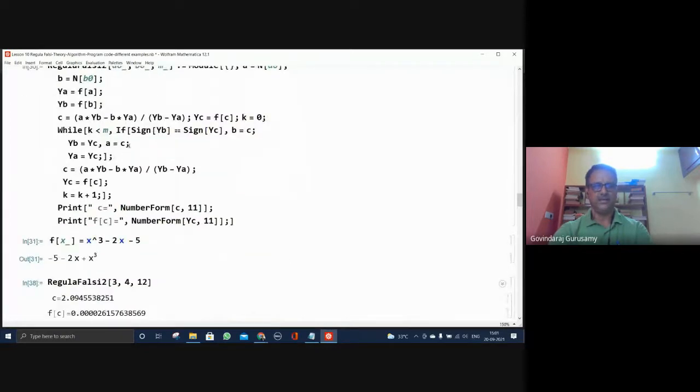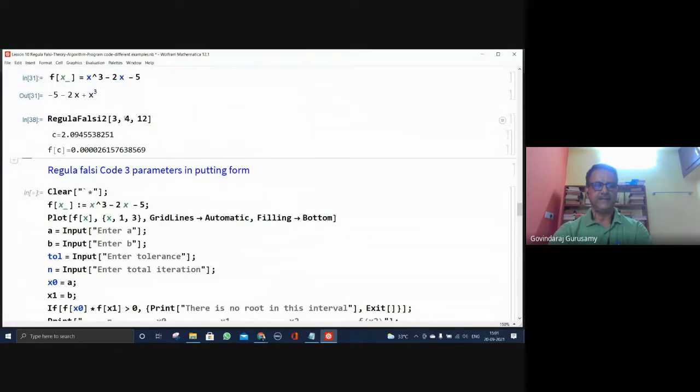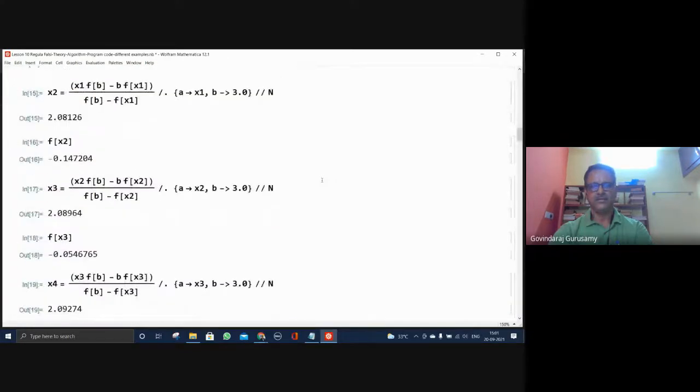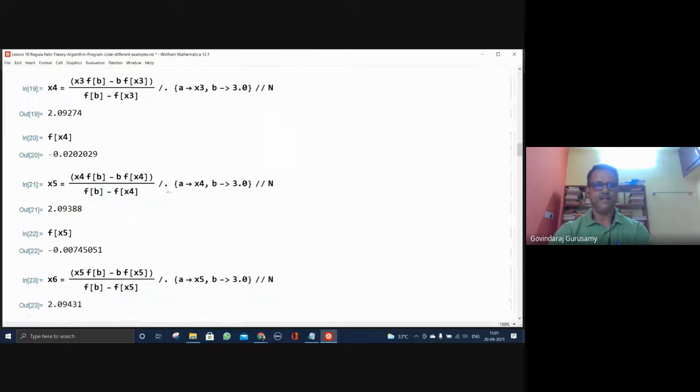So all has been taken care of. Okay, signs. You follow what I'm saying? The root need not be within that, either to the left or right. That doesn't matter. It starts somewhere and then starts moving towards the point where we are interested, where y of x should go to 0.